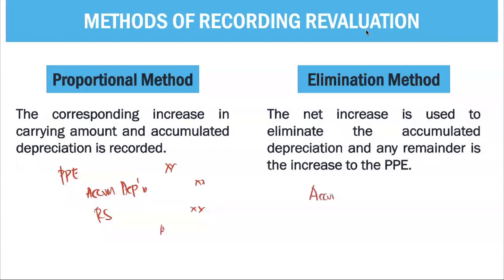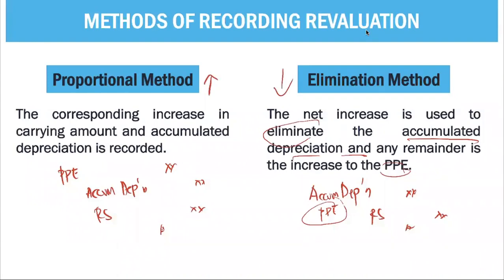So we remove the accumulated depreciation and we record revaluation surplus. If accumulated depreciation is not enough, then we can debit PPE under elimination. We eliminate first the accumulated depreciation, and if not enough, the PPE. But in proportional, we increase PPE, we increase accumulated depreciation. In elimination, we decrease accumulated depreciation. Proportional increases accumulated depreciation. Elimination decreases accumulated depreciation to recognize revaluation surplus.